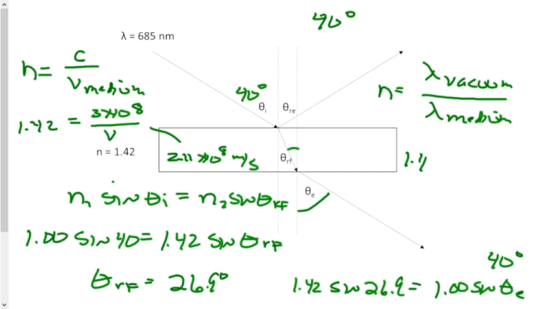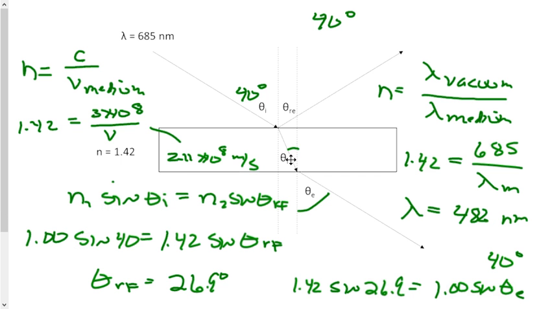So we have 1.42 is equal to 685, that's the wavelength in a vacuum, divided by a lambda in the medium. I'll just use letter m there. And we find out that lambda is equal to 482 nanometers. So the wavelength is shorter.